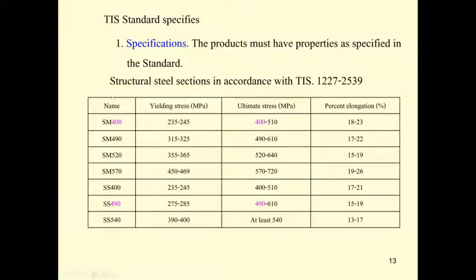For example, if you buy structural steel in accordance with TIS 1227-3539, and you buy steel SM 400, that means the manufacturer is going to produce this steel with yield stress not below this value, ultimate stress higher than this, and percent elongation higher than this.